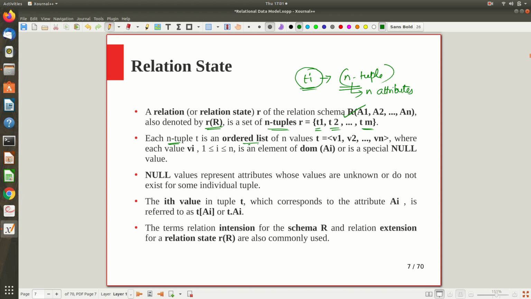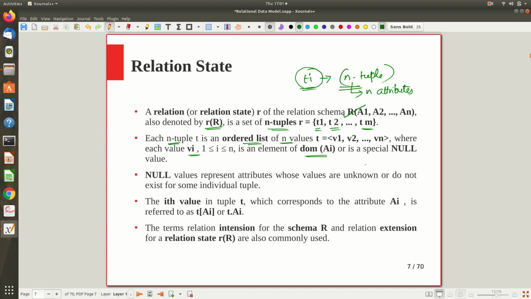So it is an ordered list of some n values, right? What is this n? The number of attributes. Each attribute has a value like v1, v2, etc. The n attributes have values v1 to vn, where each value comes from the domain corresponding to its attribute. So the ith attribute Ai has a domain from which the ith value comes.